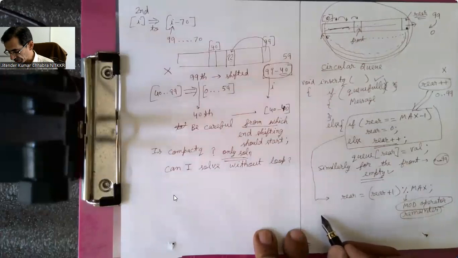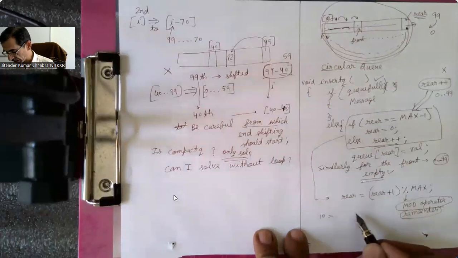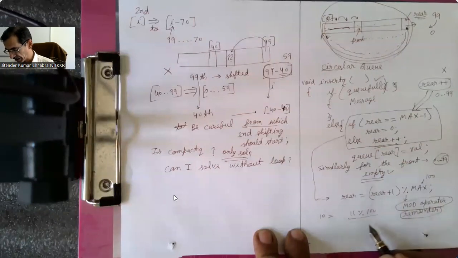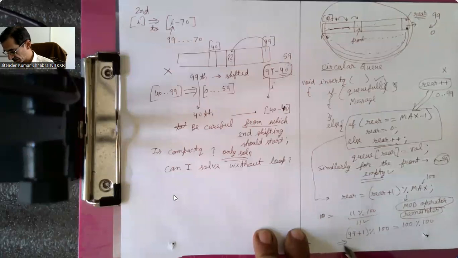Rear, let's say if it is 10, then it will become 10 plus 1, 11 percentage. Let's say max is 100. Remainder will be still 11. When rear was 99, it will be 99 plus 1 percentage 100. It means 100 divided by 100 remainder will effectively mean 0, and that's what we wanted.